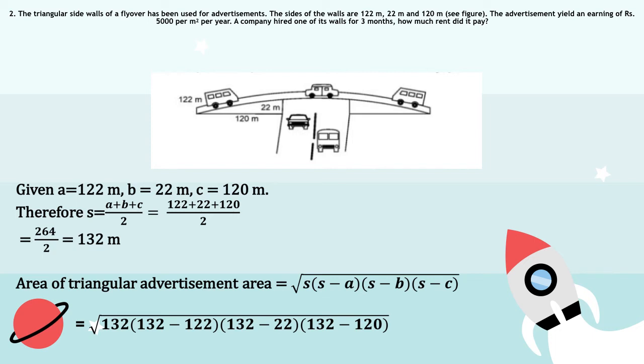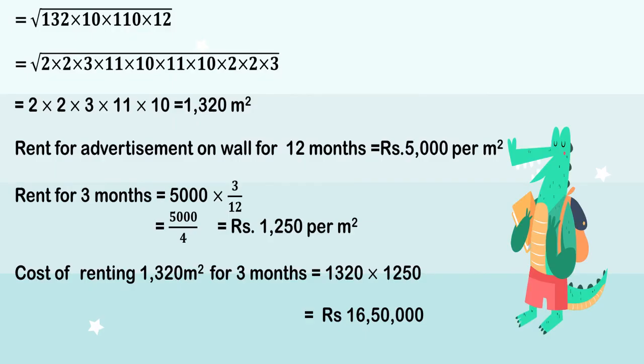On solving these brackets, I get under root of 132, and the first bracket will give me 10. The second bracket will give me 110. The third bracket will give me 12. So this is how my equation will look: under root of 132 multiplied by 10 multiplied by 110 multiplied by 12.